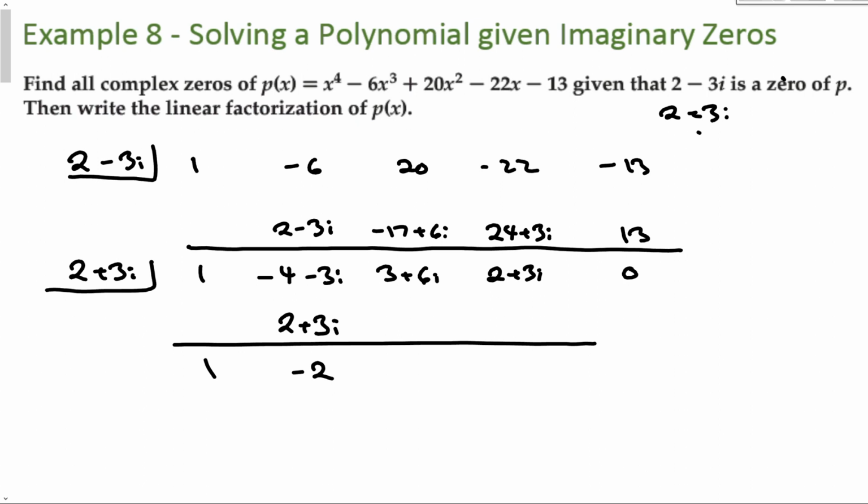Multiply both of these. We get negative 2 times 2, that's negative 4, minus 6i. The i's cancel, and we're left with negative 1. Multiply both of these, and we get negative 2 minus 3i.